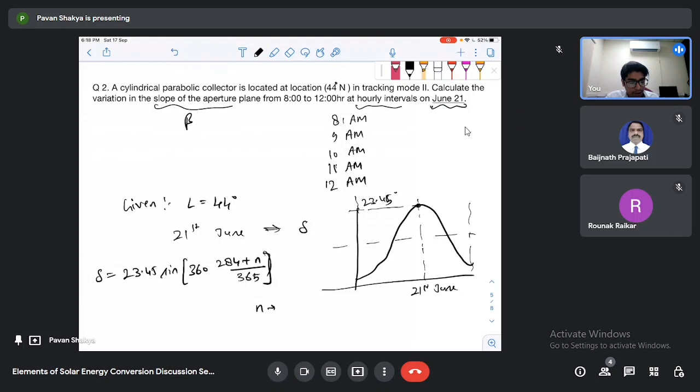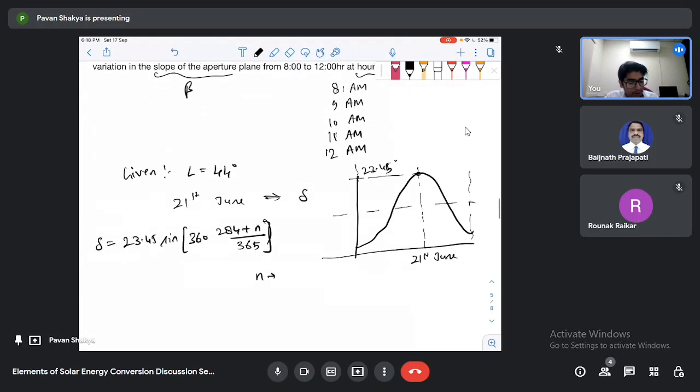So for 21st June, for Jan, n will be 31, Feb 28 days, then March 31, April will be 30 days, and May will become 31.